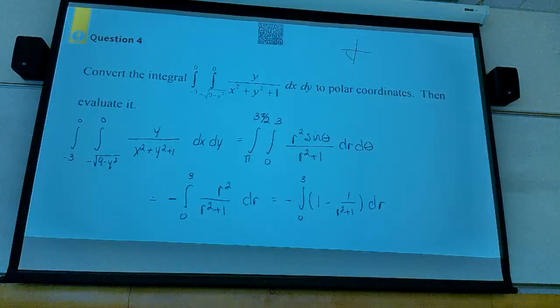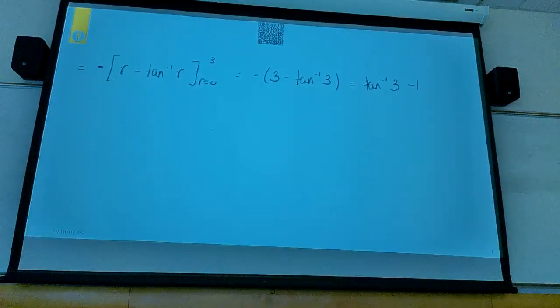You still have to wind up with limits, and you're just doing it more than once. It's just terrible. So, oh, why did I write -1? Should be -3. All right, that'd be that evaluation. Inverse tangent of 3 minus 3.